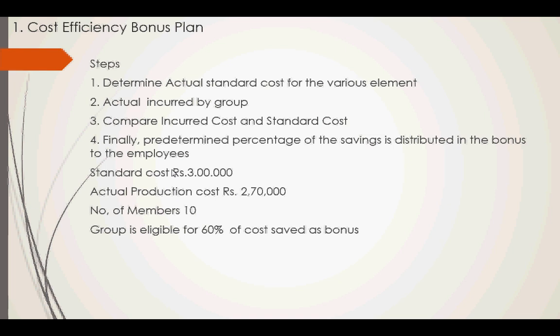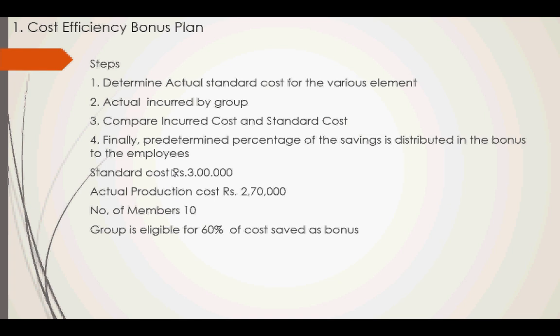Suppose standard cost is 3 lakhs, so it is there before the group. Actual production expenses incurred by the group is 2,70,000. The number of members is 10. The group is eligible for 60% of cost saved as a bonus.